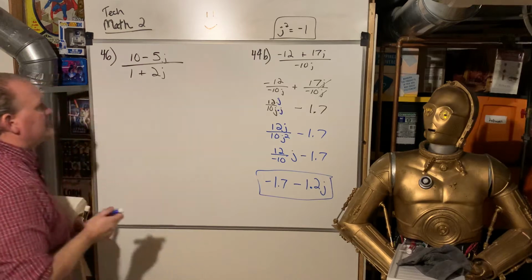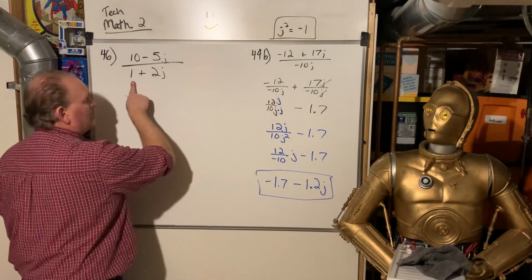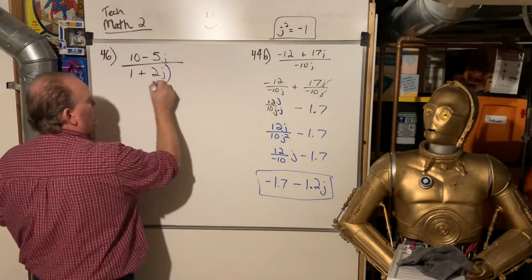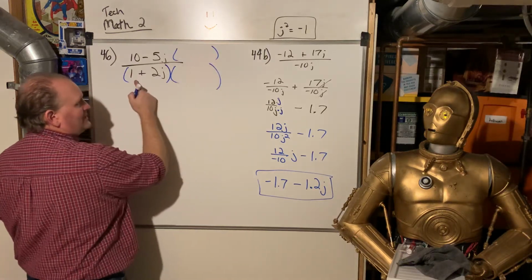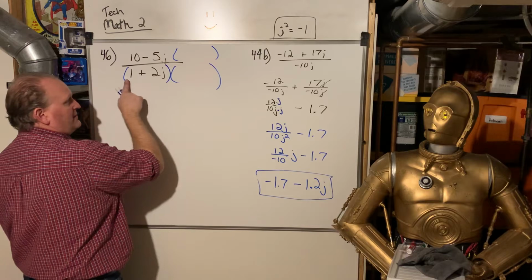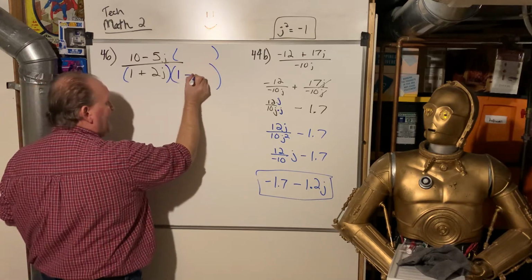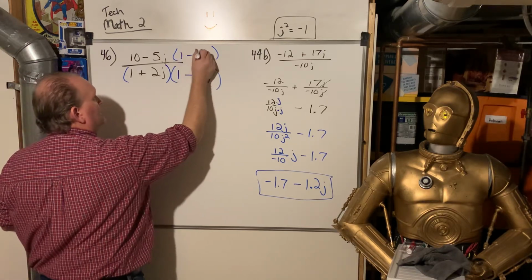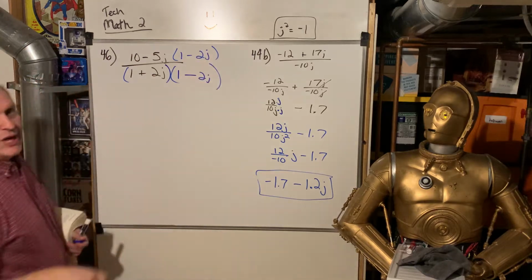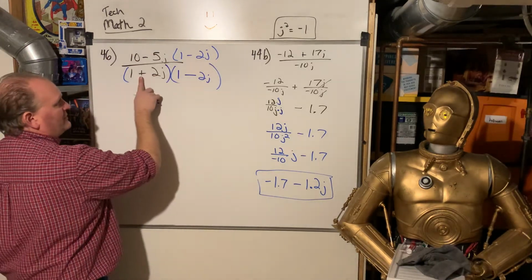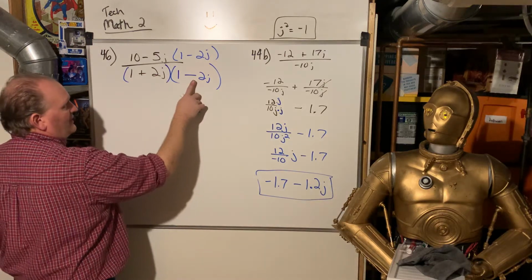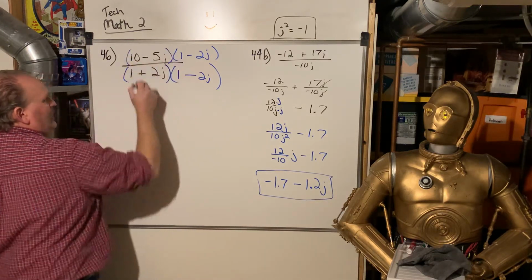And so for that, because there's a number and a variable on the bottom, we multiply by its conjugate. The conjugate isn't the opposite, it's just one thing is opposite, so it's 1 minus 2j. A lot of people go, oh, so opposite. No. The opposite of this is negative 1 minus 2j. I only changed one of the signs. So that makes it a conjugate, not an opposite.